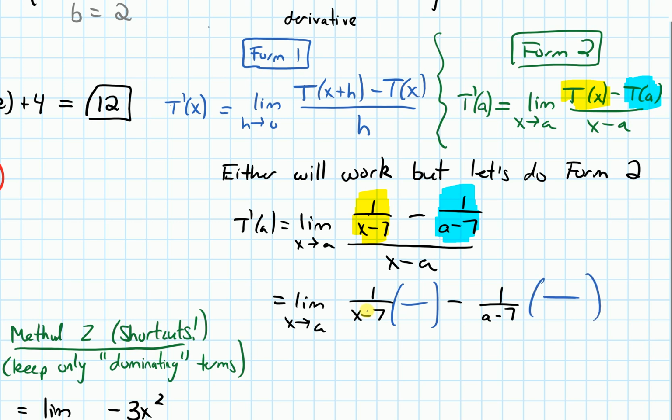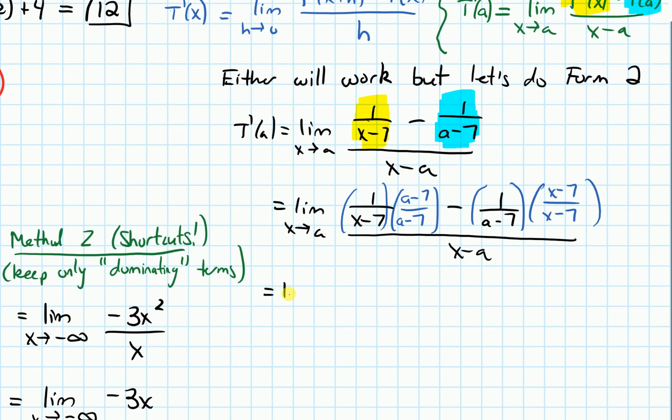For this first fraction, I would multiply the top and the bottom by a minus 7, the other denominator. There's nothing smaller I can do because there are no common factors here. And for the second fraction, I would multiply by x minus 7 over x minus 7, the first denominator. All right, so we have this all over x minus a.